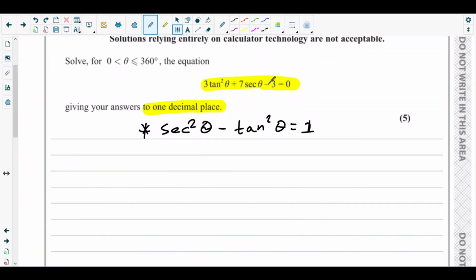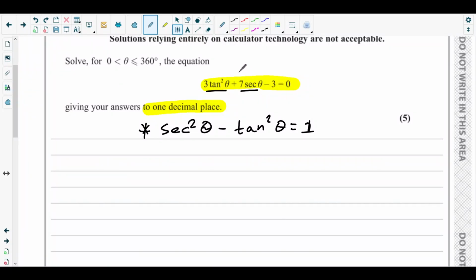Why? We already have sec theta. Look, tan squared theta plus 7 sec theta there. So if we can convert tan squared theta to sec squared theta, we will have trigonometric ratios of the same type, and that's why we can carry out the algebraic approach to the solution, isn't it?